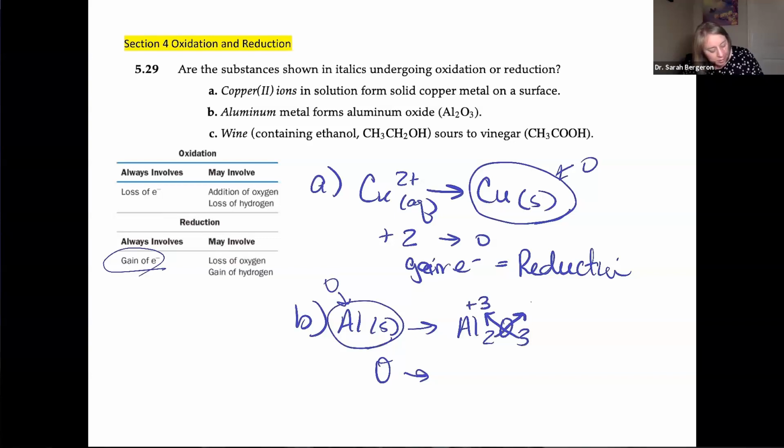We have a +3, we have a -2, and always go double check. And oxygen really is a -2. There was no reduction that had to happen to make that formula. So we know that our aluminum is going to a +3 charge. So how did you get to that +3? We went from 0 to +3 by a loss of electrons. What's a loss of electrons? That is oxidation.